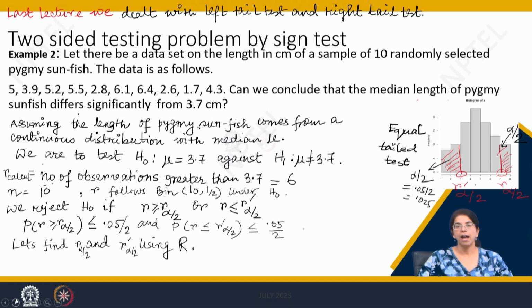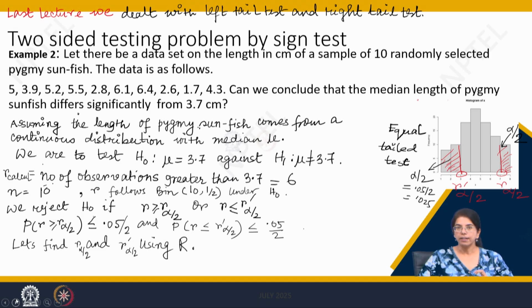So first you have to calculate the number of positive signs, that means the number of observations which are bigger than the null hypothetical median value, that is 3.7. So how many observations are really greater than 3.7? As you can see, 6 observations out of 10 are greater than 3.7.